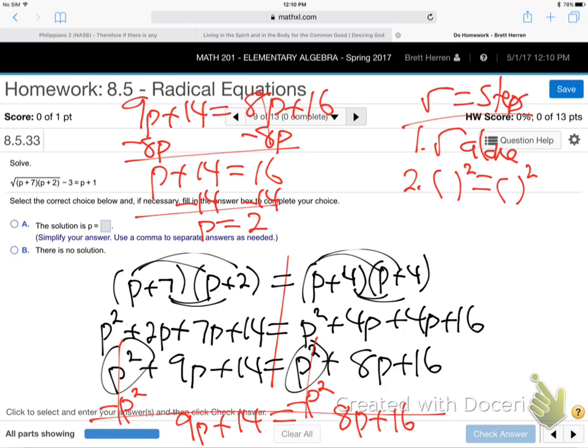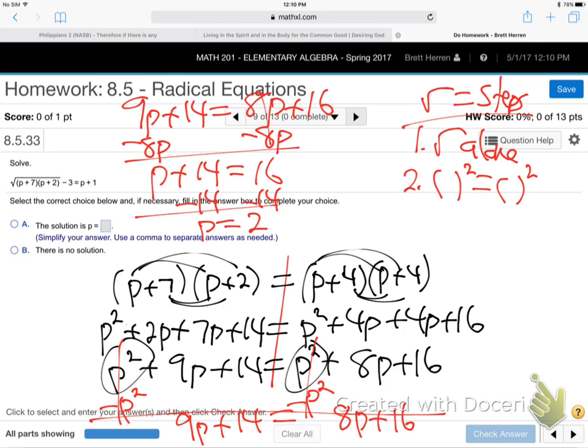Any problem that has a root with an equal sign must be checked. How do we check it? Where do we check it? The original problem. Plug in, and what does it have to do to be true? Equal on both sides.